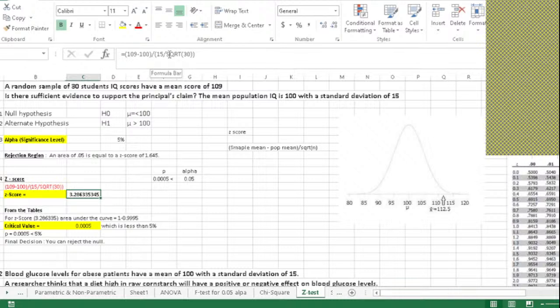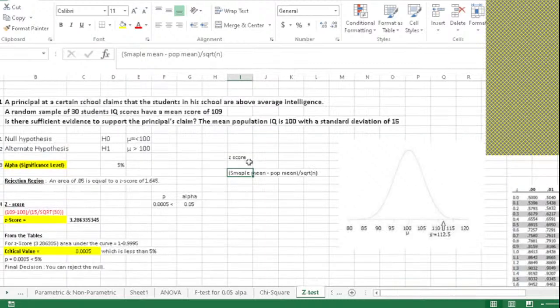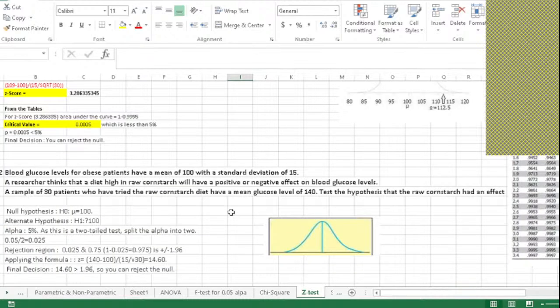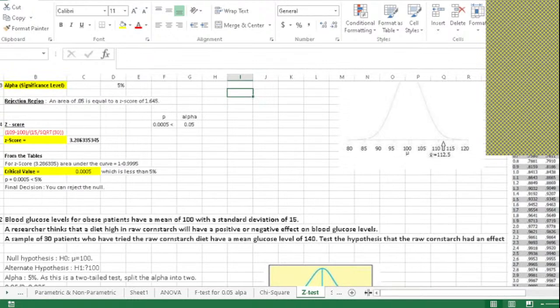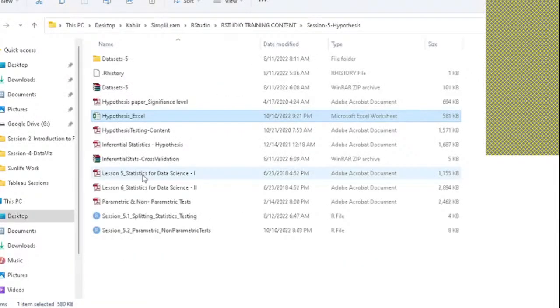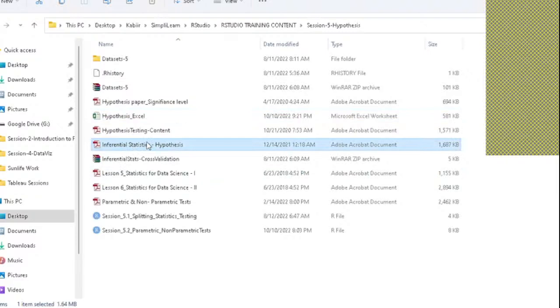Oh, I think I've written the formula wrongly. I'll show you the formula. I think it will be better if I show you on the slide. Statistics. Sorry.